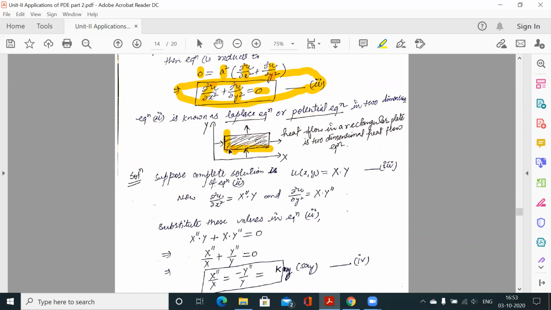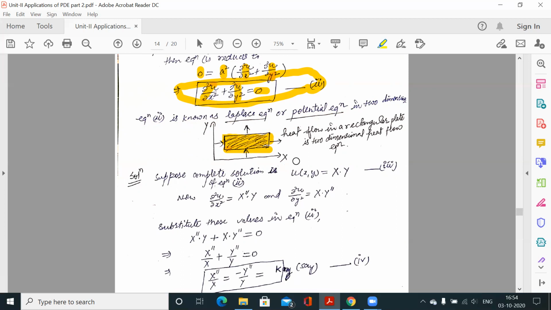Clear? Initially, it was our thin rod, so we kept the temperature only with respect to the x-axis. But now this is a plate. It has length. It has width. So the temperature is in the x-axis and also in the y-axis. So this is the two-dimensional heat equation, but we have considered a particular case where it is steady state.